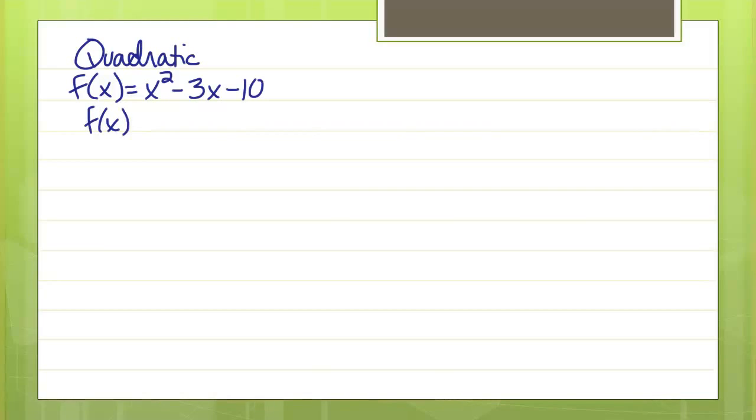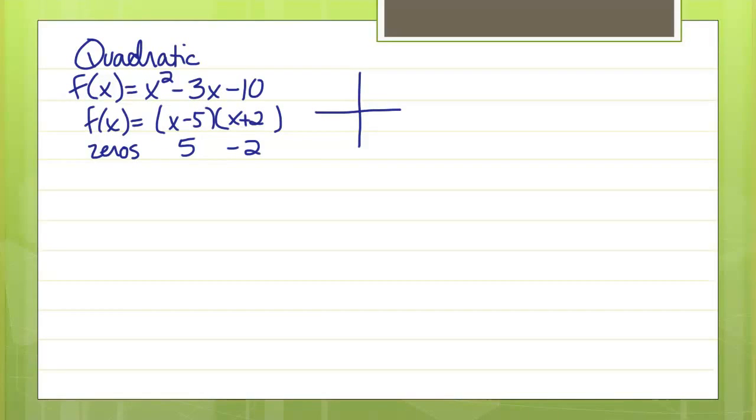If I write it in factored form or intercept form, hopefully you can get that one almost that fast, then I know that my zeros are 5 and -2. So we know that because we know other facts about it, we know it opens up, we know that it's got kind of the standard arrangement, and we know that it crosses the x-axis at 5 and -2, and we could do a rough sketch of it.